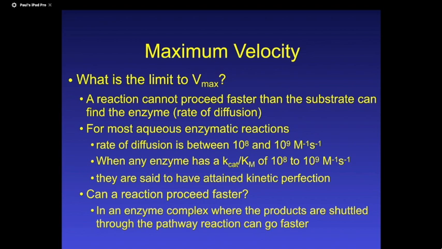The assumption is this: the enzyme rate is, I let go of a product, I pick up a substrate. I let go of a product, I pick up a substrate. And if I can get to that point, as soon as I let go, I can pick up, I am now measuring only the rate of conversion of product. That's where I get to Vmax.